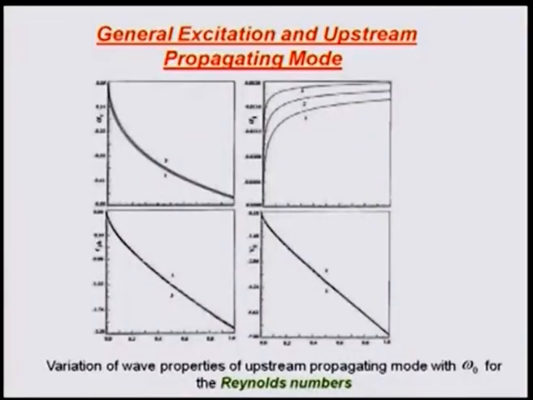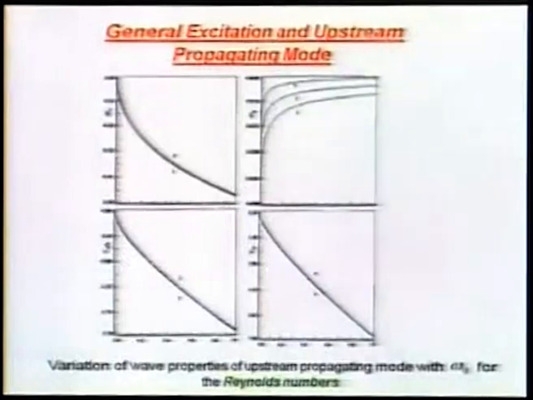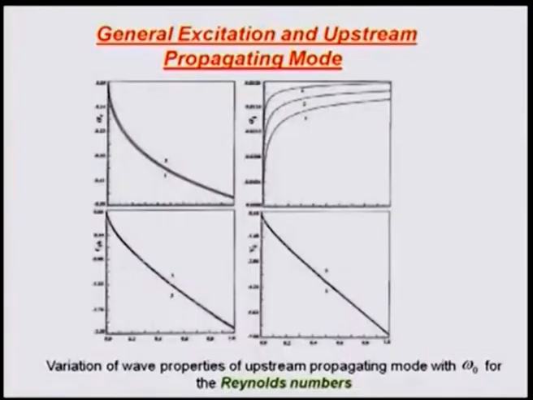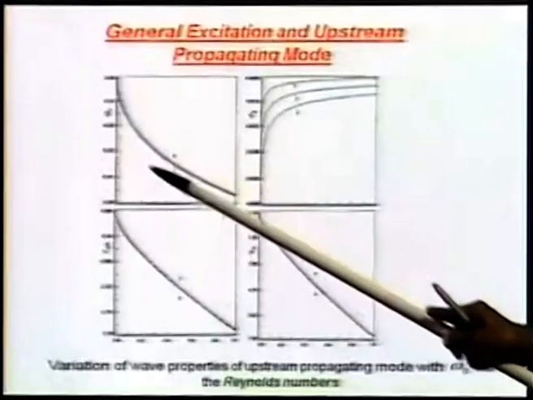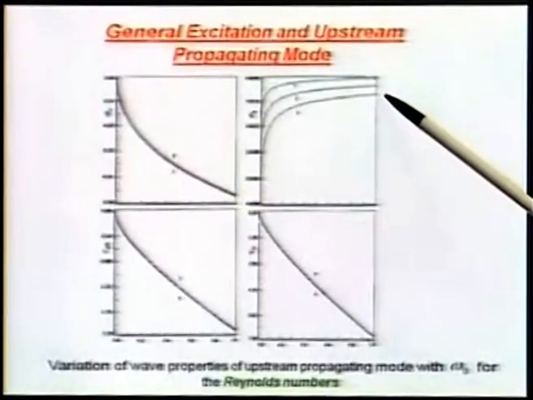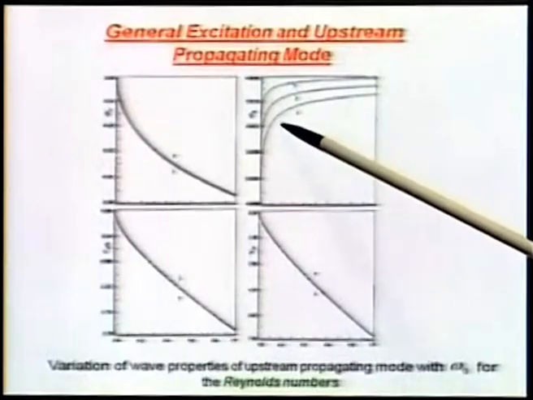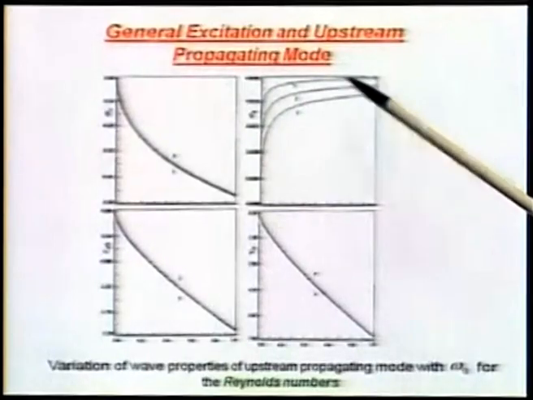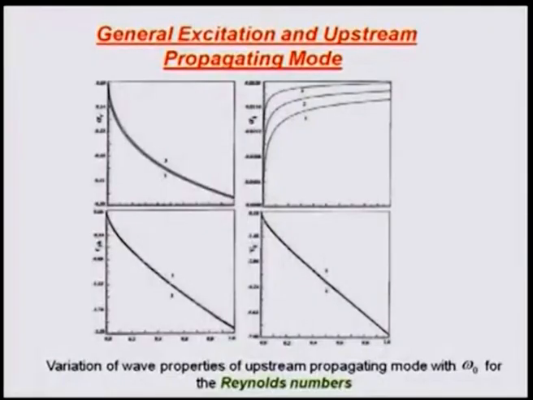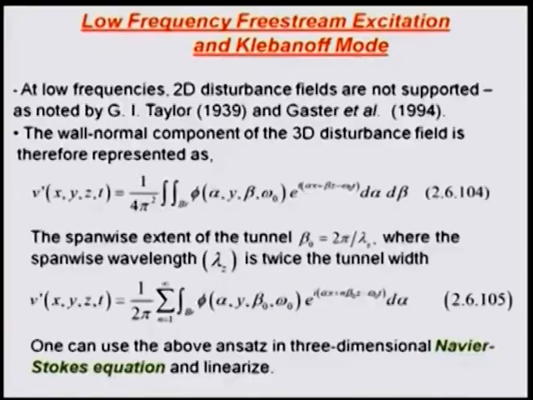The low frequency part would have persistent long wavelength, and as you go along this side, their decay rate goes up, but their stretch becomes long. So you should be able to mentally construct what you see in an experiment or in a direct numerical simulation with the help of information like this.